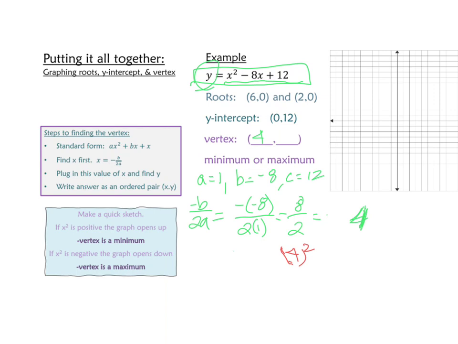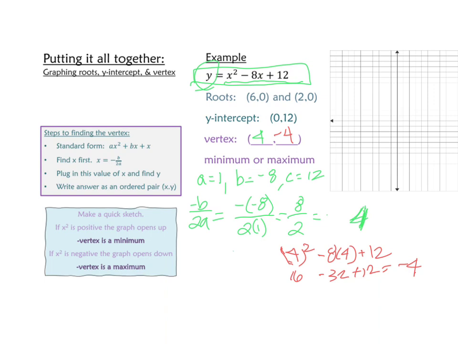And then we have negative 8 times 4 and plus 12. That roughly means 16 minus 32 plus 12, which, if you sit down and figure out, gives you -4. So -4 is our y-coordinate for our parabola.